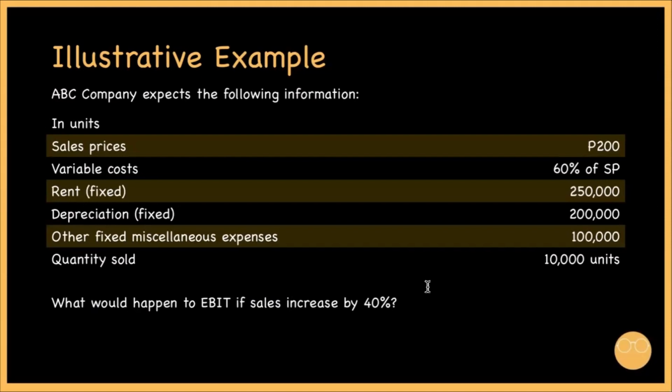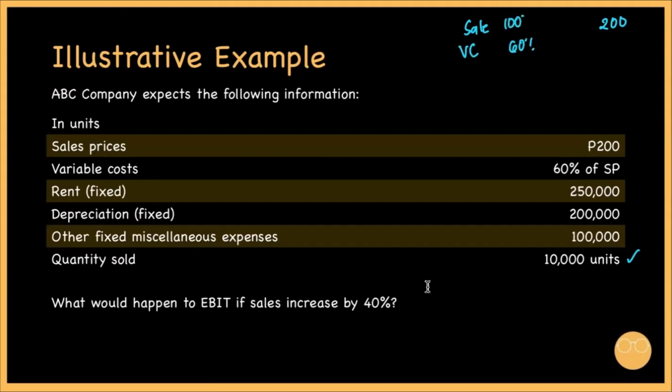The contribution margin and the profit are to be determined using the given data. Since we have the number of quantities sold, which is 10,000, we will get the contribution margin. Sales is 200 pesos per unit, then our variable cost is 60%.